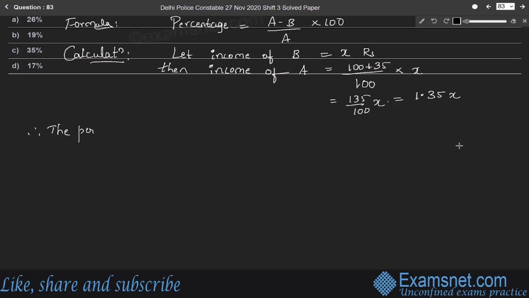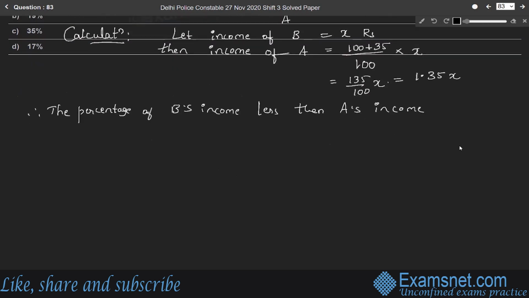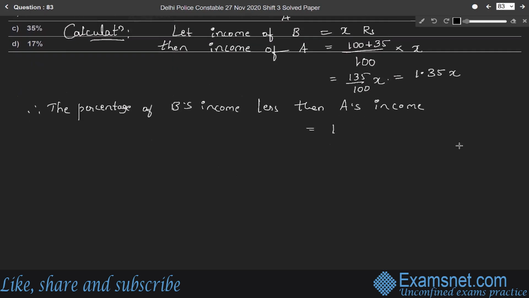The percentage of B's income less than A's income is equal to, according to the formula, A minus B by A into 100. So what is A's income? It is 1.35x, minus B is x, divided by 1.35 into 100.